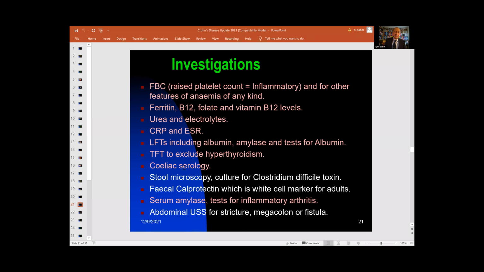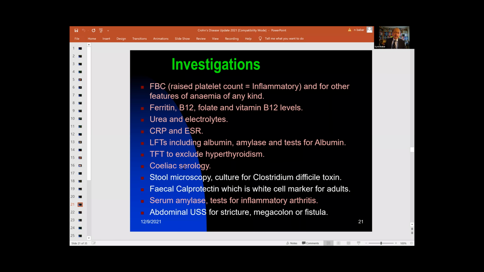Anemia, ferritin or iron, B12 and folate will show absorptive disorders in various parts of the gastrointestinal tract. Urea and electrolytes would represent dehydration and also concurrent involvement of the bladder and absorption problems in relation to fluids.